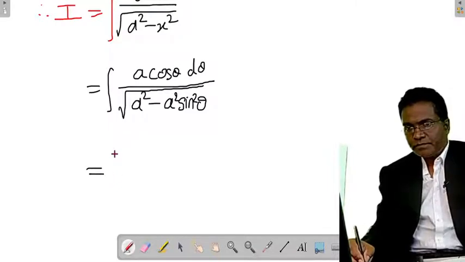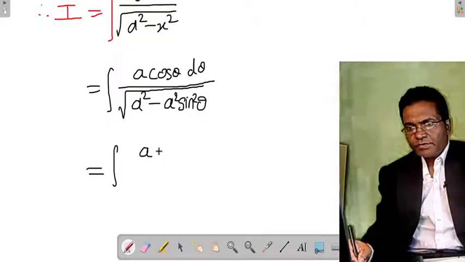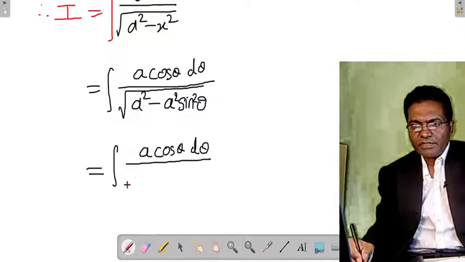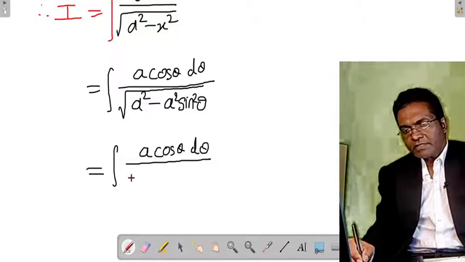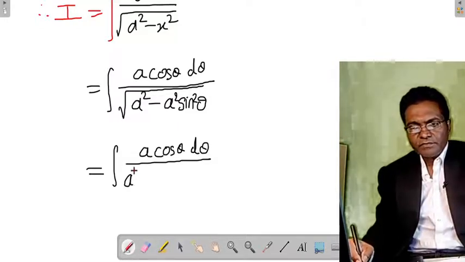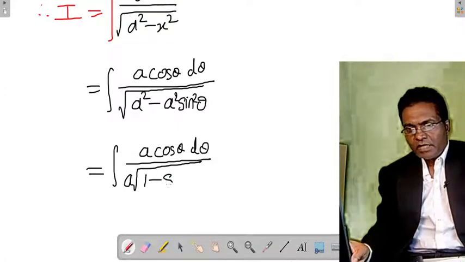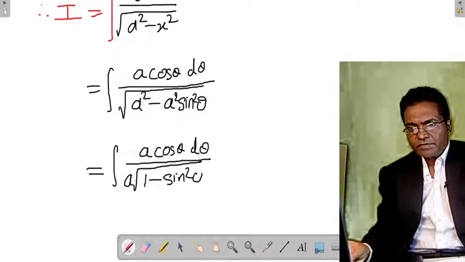Take a square common, under the root a square becomes a after taking out, and it's 1 minus sin square theta.